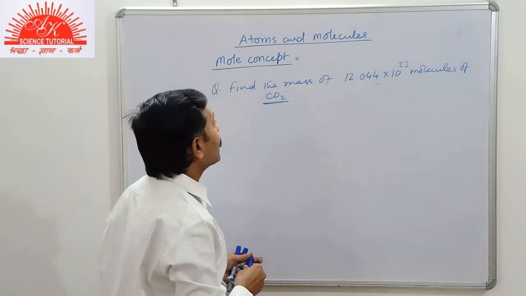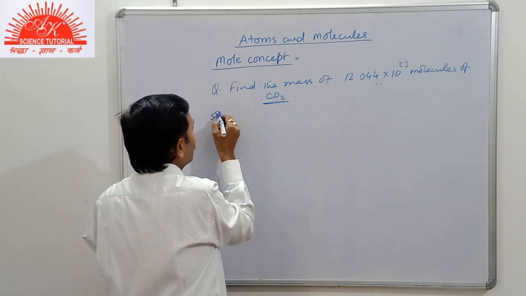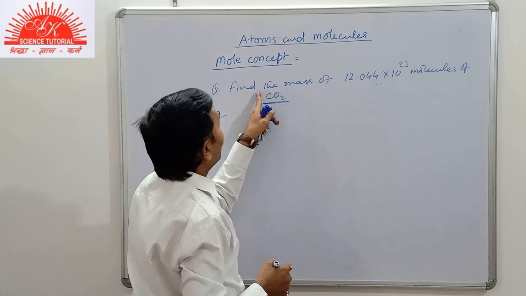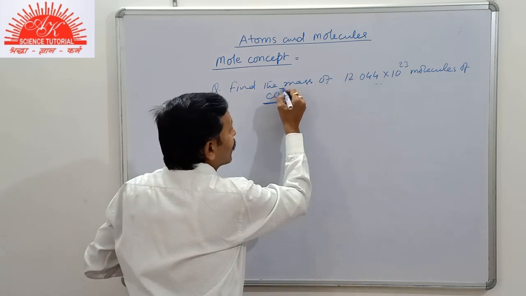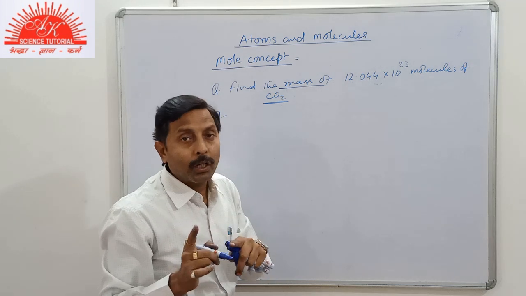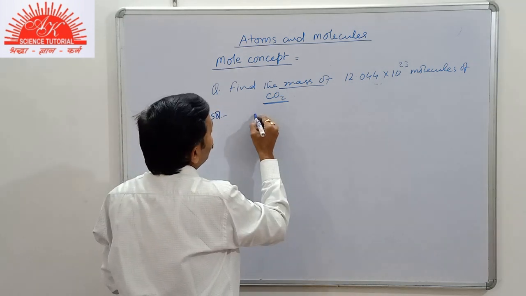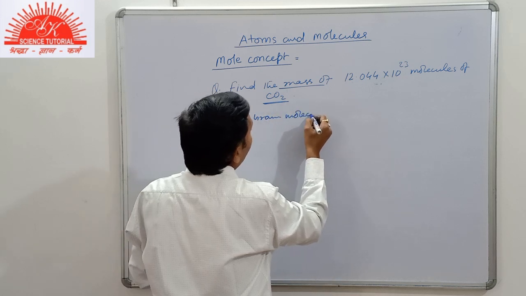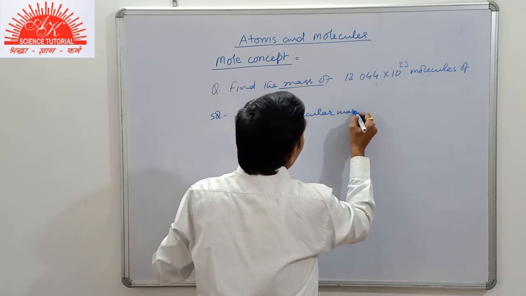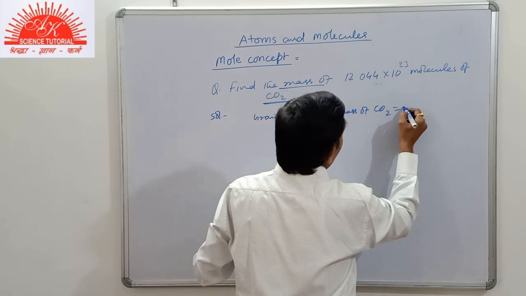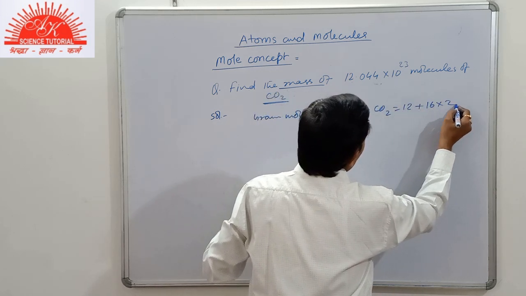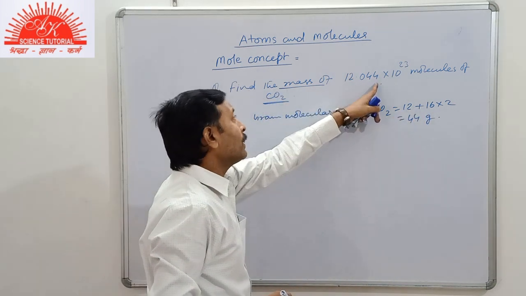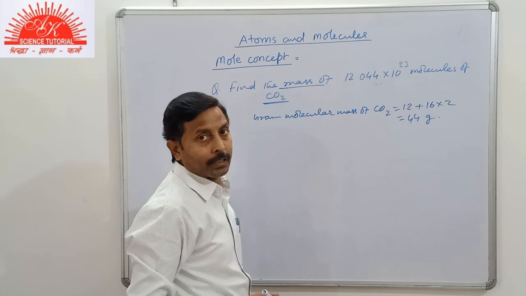So we should calculate its gram molecular mass, because we have to compare its mole. We have to calculate the mass, so we will go for the gram molecular mass. Gram molecular mass of CO2 is 12 plus 16 into 2, hence 44 gram. Now the number is given and we have to calculate the mass.